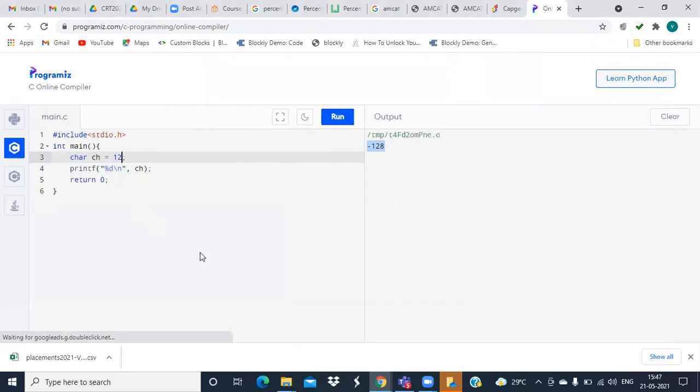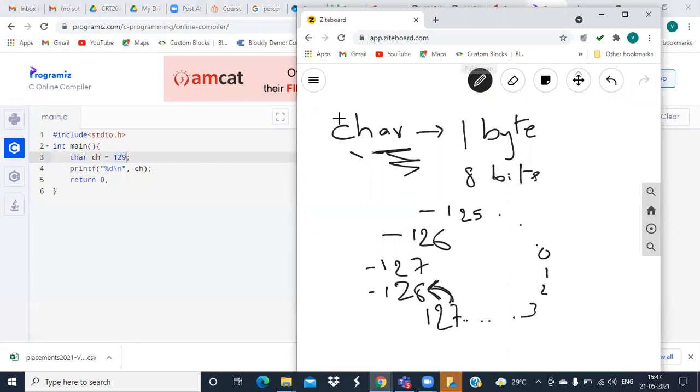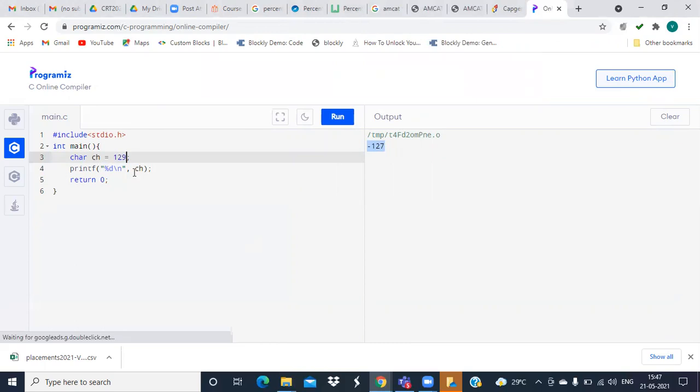Now when you try to get 129, it is giving minus 127. You can easily understand that 129 is two steps away from 127, which is minus 127. That's how we got minus 127.